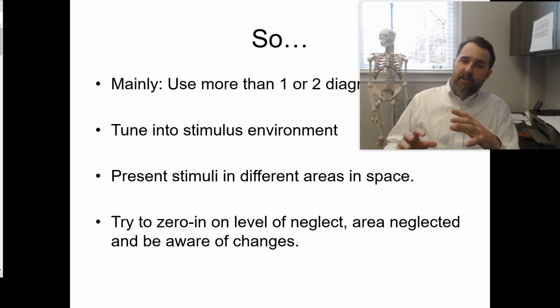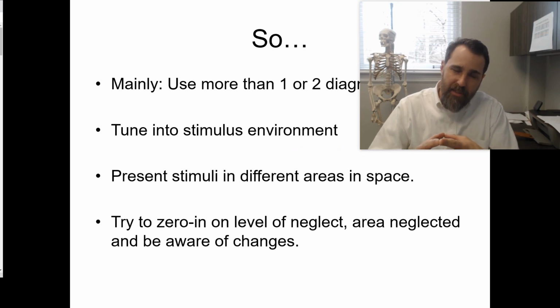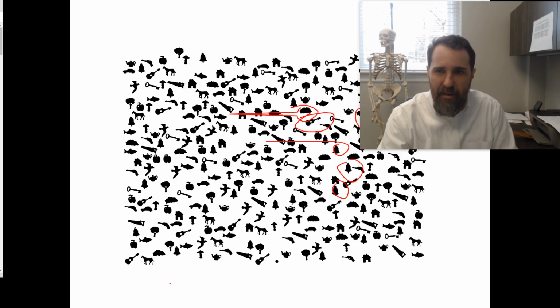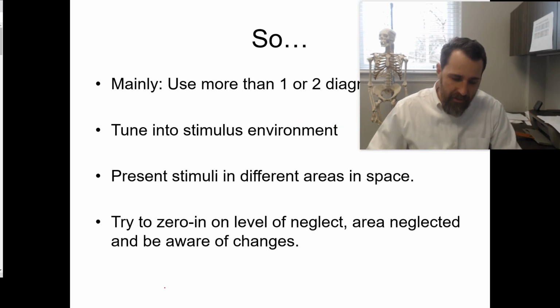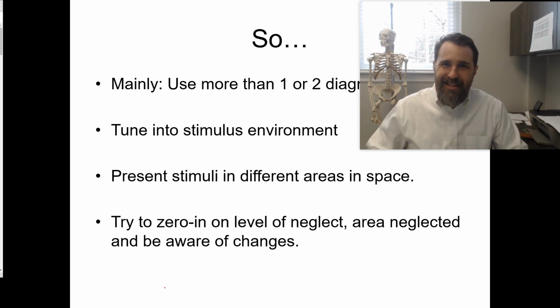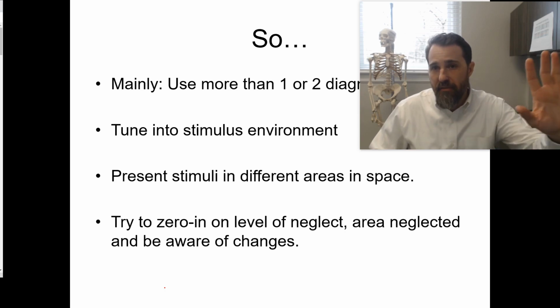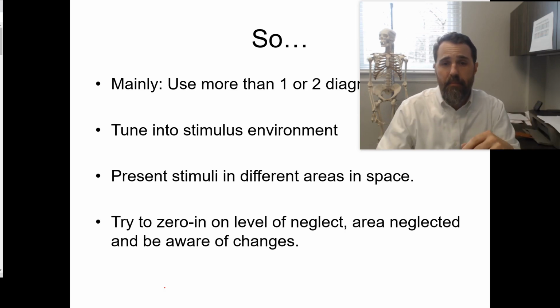So those are basically a lot of paper and pencil tasks. And if you notice, everything I described pretty much is happening within the personal space. So you're not testing in any of those tasks for neglect of the extra personal space.